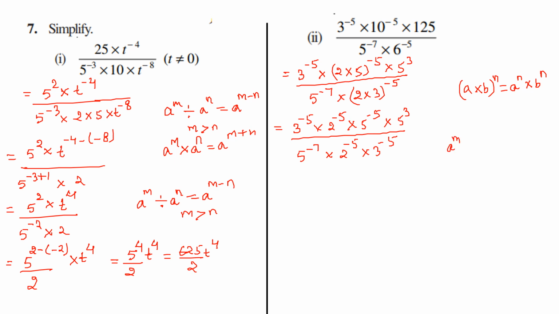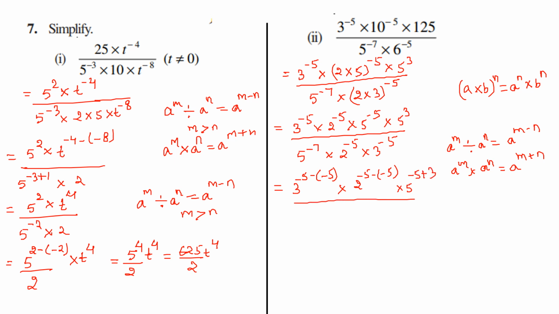So a to the power m divided by a to the power n equal to a to the power m minus n. And second one, a to the power m into a to the power n equal to a to the power m plus n. So if I am going to solve it, 3 to the power minus 5 minus of minus 5, into 2 to the power minus 5 again minus of minus 5, and into 5 to the power minus 5 plus 3.